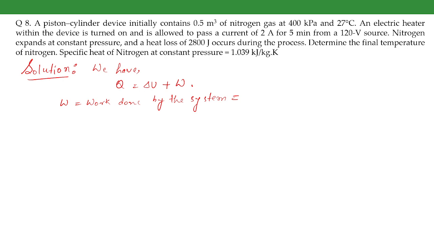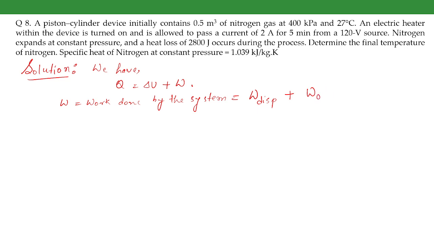So, broadly, let me write, this is a displacement work. This encompasses all the work that involves the displacement or movement of the system boundary, that is, change in the volume against a particular pressure value. Okay, so this is the displacement work, and then all other forms of work.